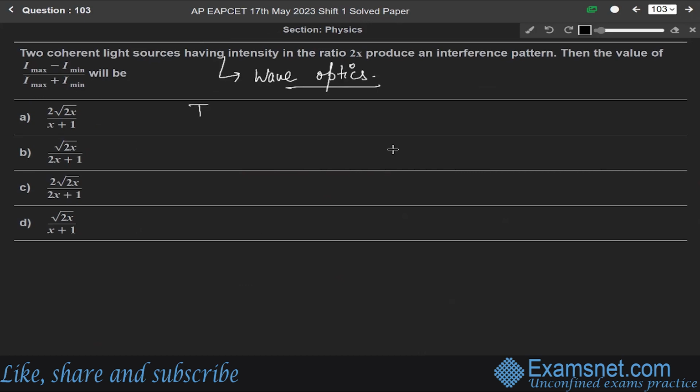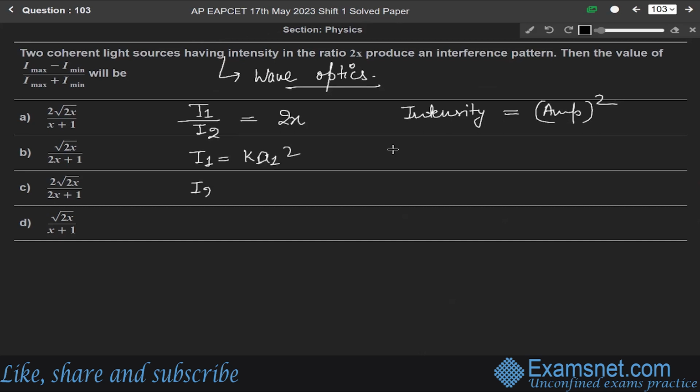According to the question, I1 over I2 is equal to 2x. And we know that the intensity is equal to the square of the amplitude. So I1 will be equal to K into A1 square, where K is a constant, and I2 is equal to K into A2 square.